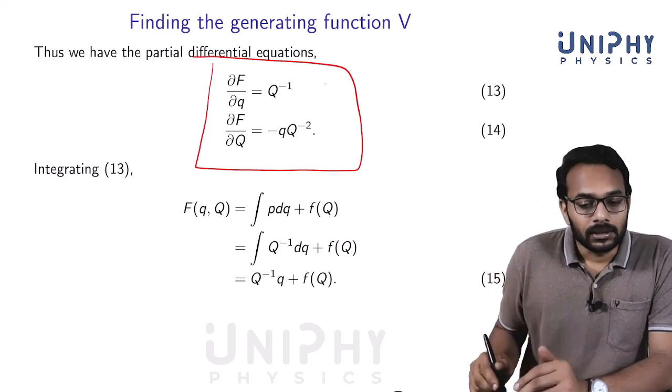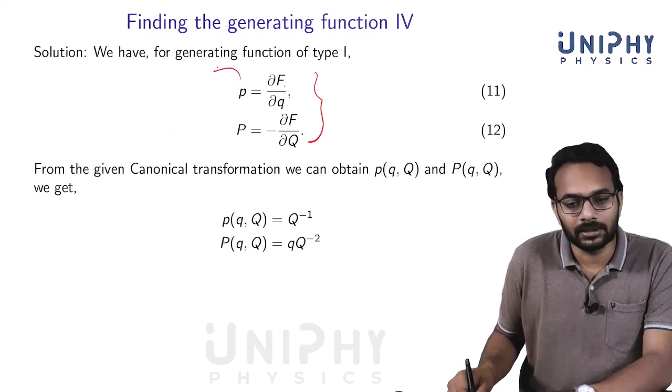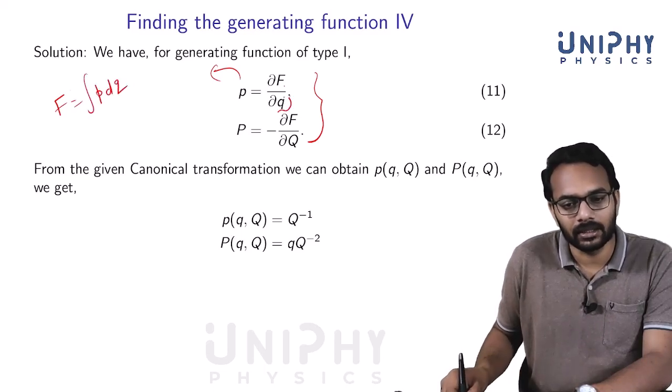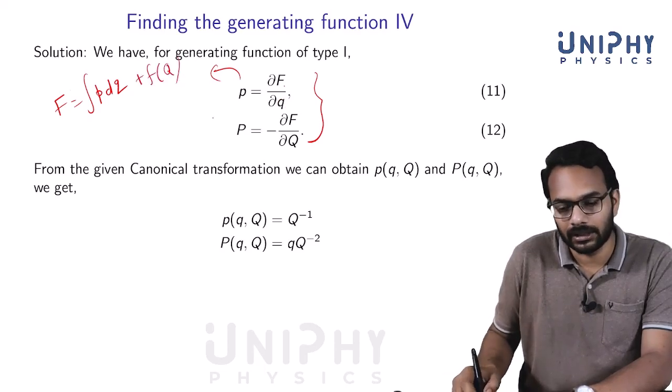So in this case, what you need to do is, from this you can say that f is equal to integral p dq, because it's a derivative with respect to small q, and then you could have some function of capital Q here. That's what we do here.